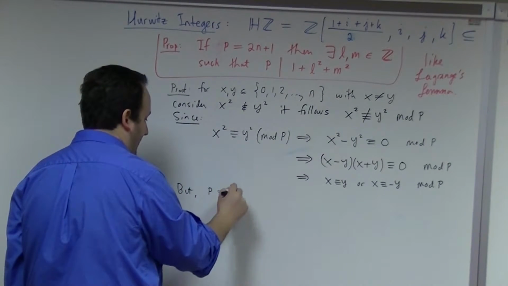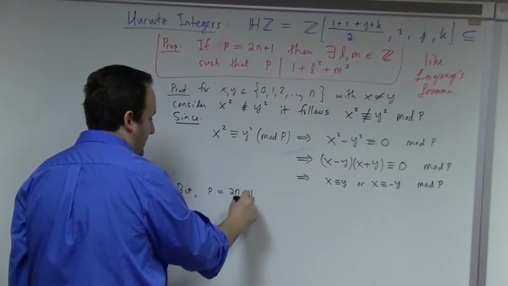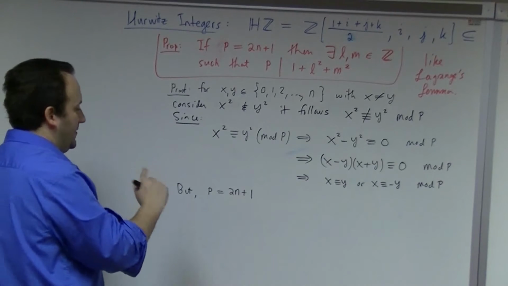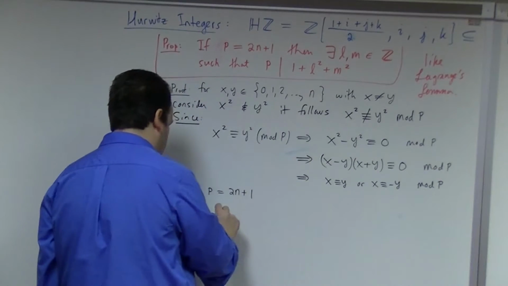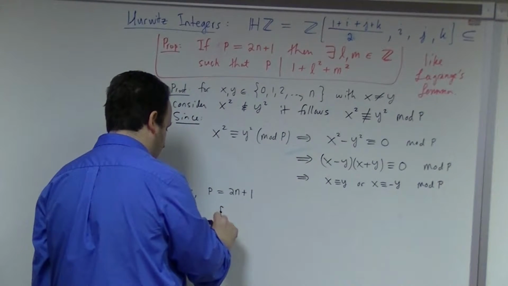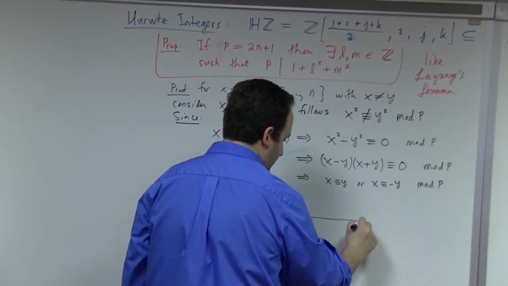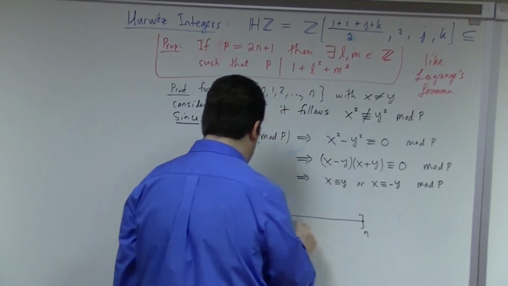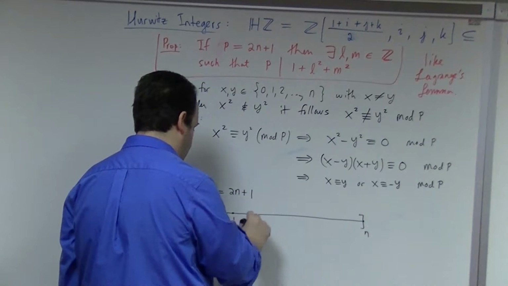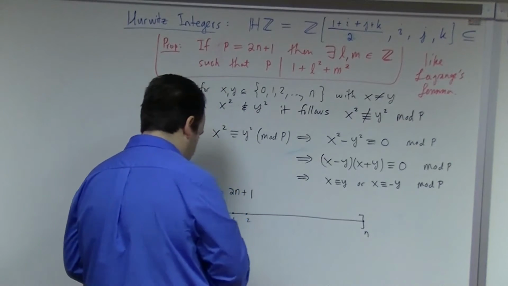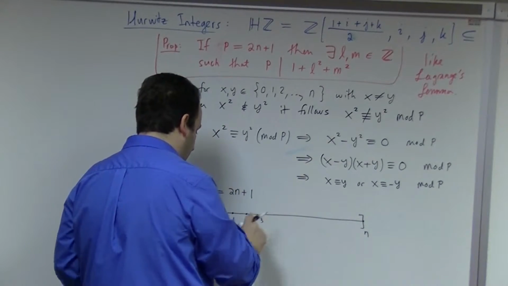P is odd, it's 2n plus 1, right? I think that's the critical thing here. So maybe think about this graphically. Here's your 0. Here's n. 1, 2, I guess I can afford 3.